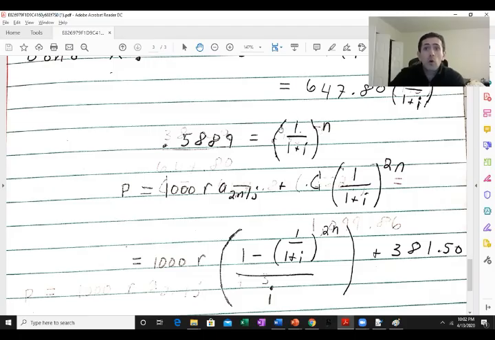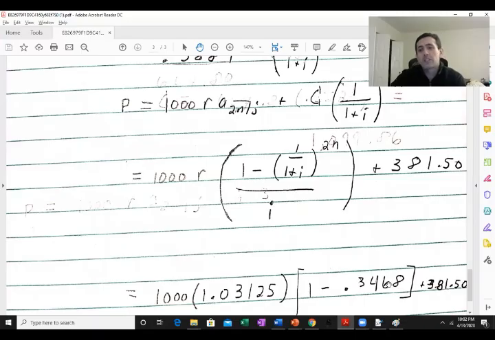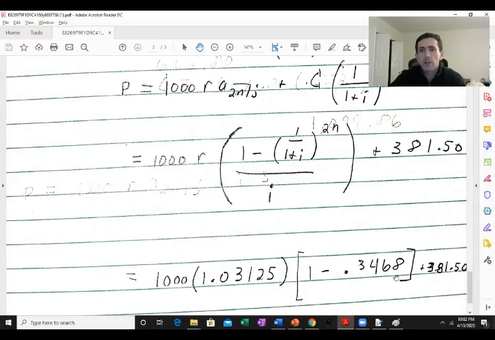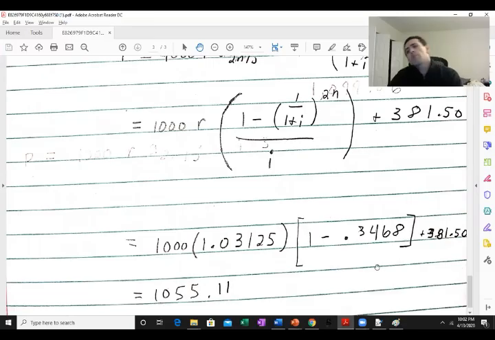Square it to get 1 over 1 plus i to the 2n. And you square 0.5889, you get 0.3468 after rounding. Okay? And then you dump all this in, you get 10.55 and 11 cents after rounding. And the book has it as 10.55, so we're only off by 11 cents, and that's absolutely acceptable.